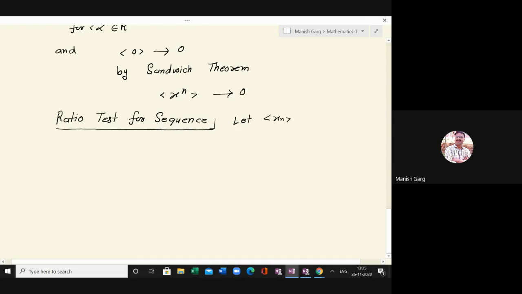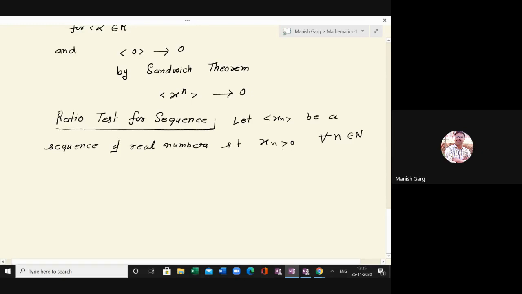Let xn be a sequence of real numbers. Obviously, we are working only on real numbers, such that xn is greater than 0 for all n. All the terms of the sequence are positive.